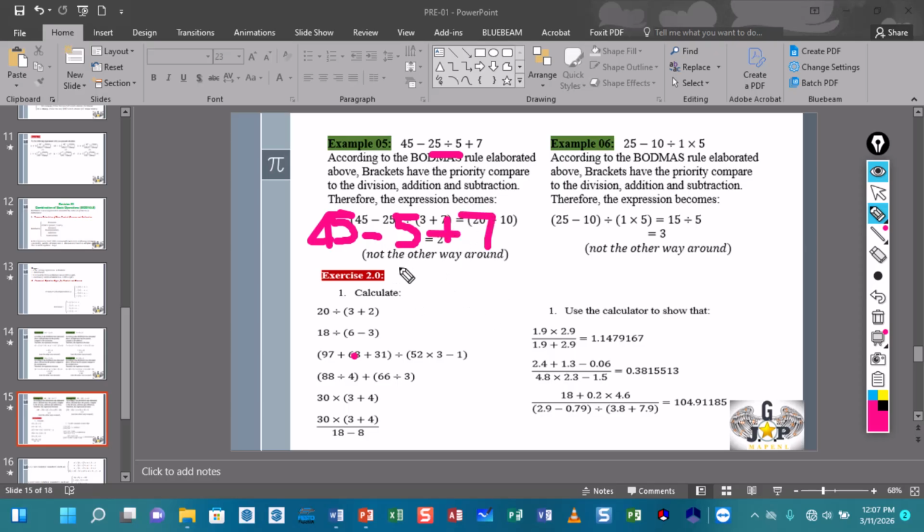Then we do the what? The addition. These two. But in the mathematical aspect, let's just go straight. So we're going to have 45, minus 5 plus 7, which gives us how much?